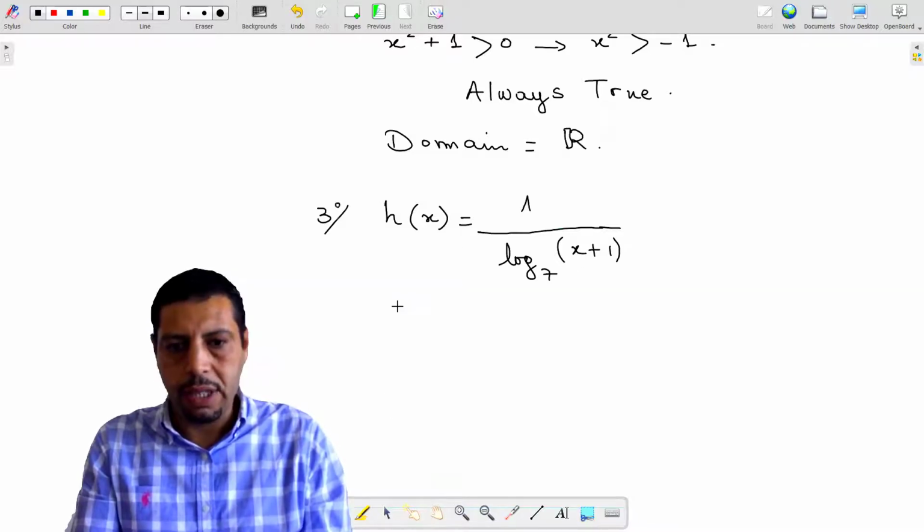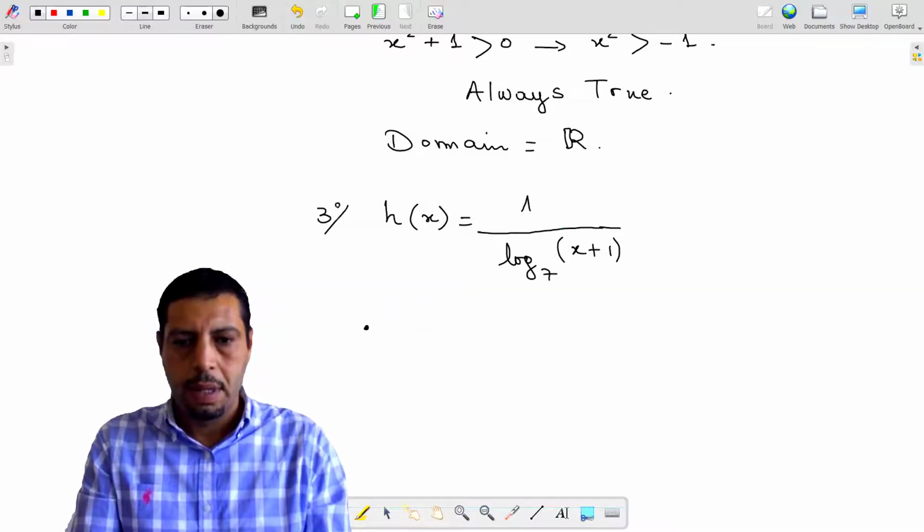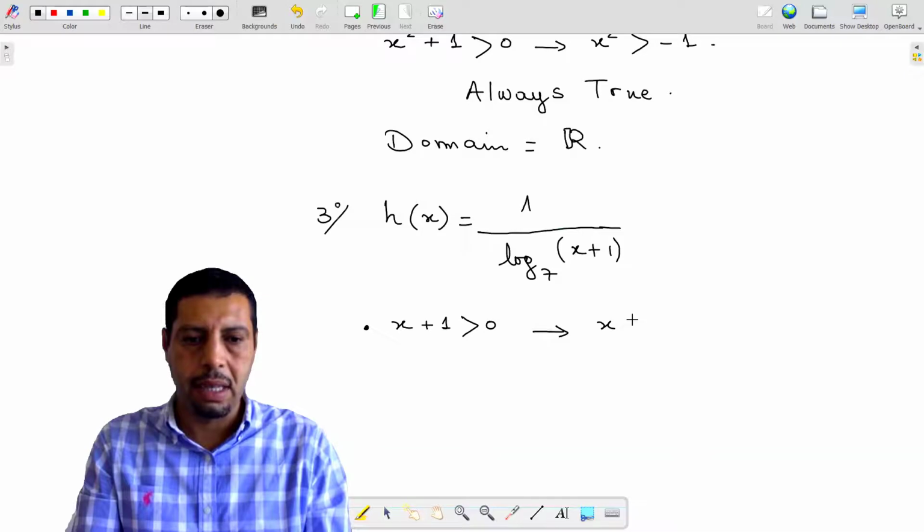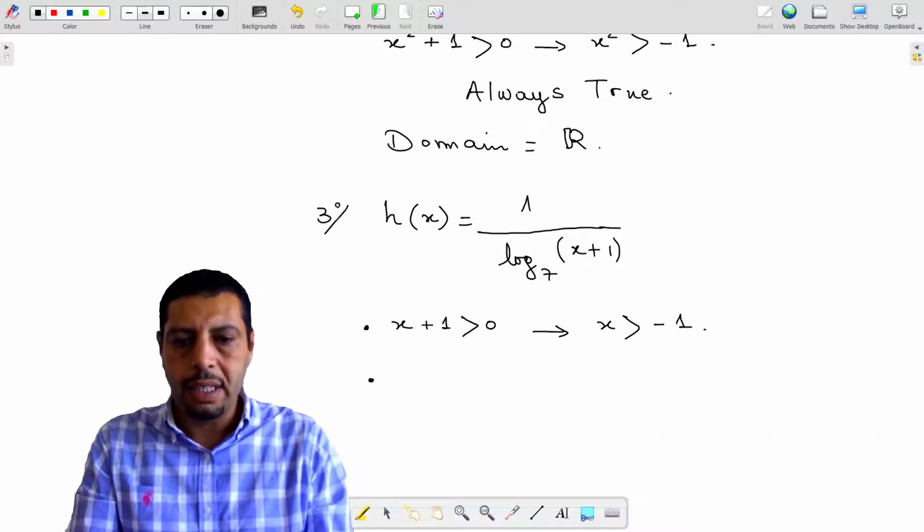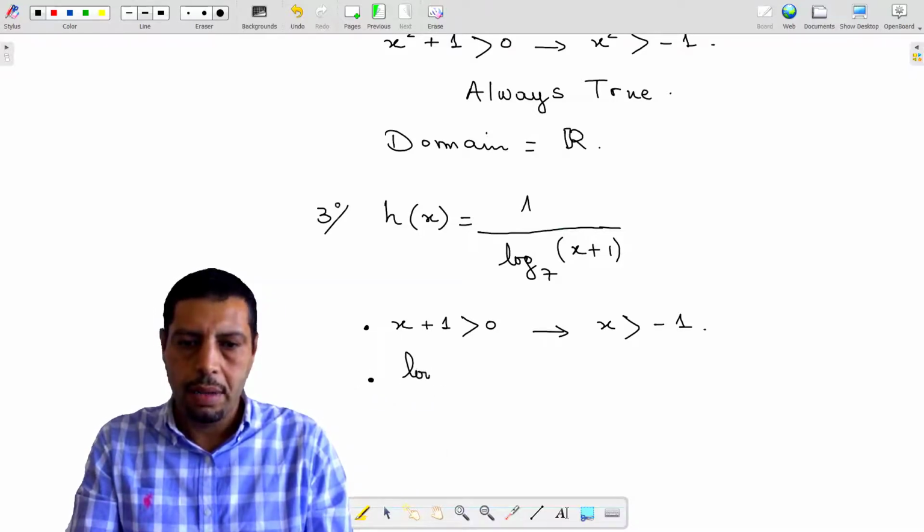So let's start with the first condition. x plus 1 greater than 0, which means that x is greater than negative 1. This gives us the set of all real numbers which are greater than negative 1. It means the open interval (negative 1, infinity). The second condition is log 7 of x plus 1 not equal to 0.